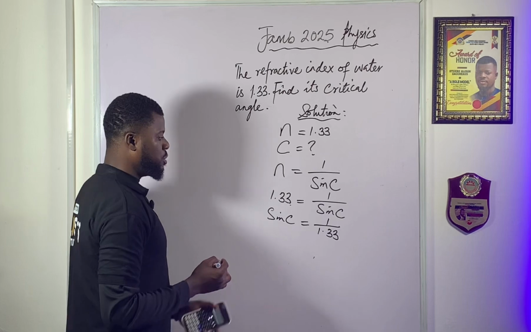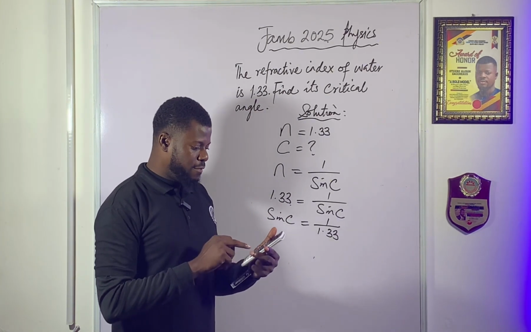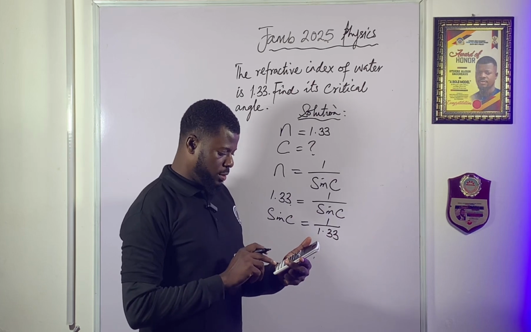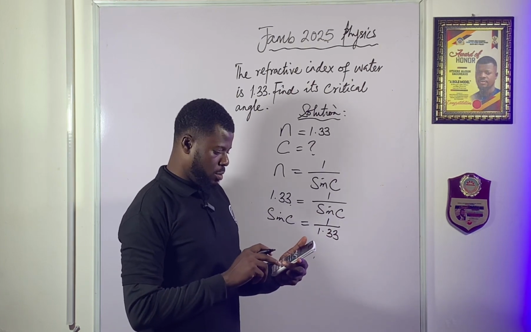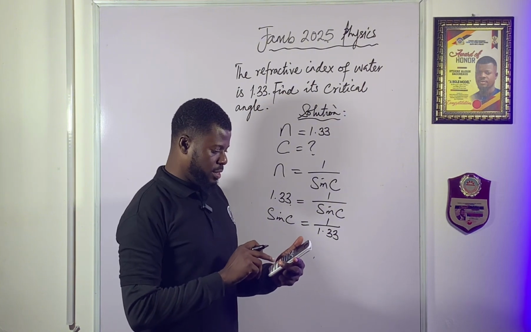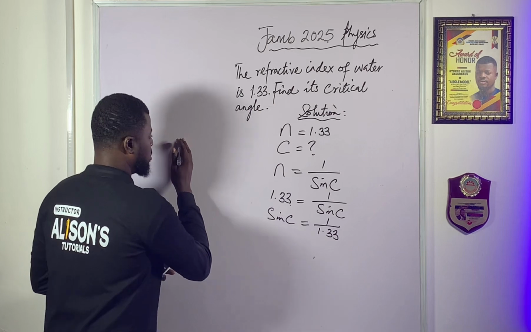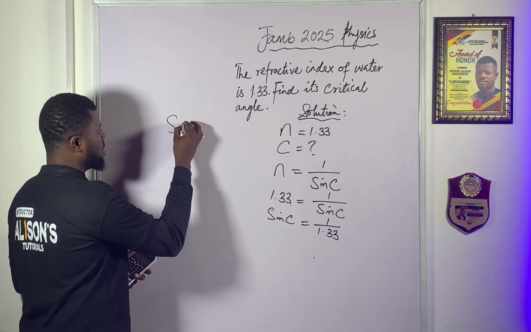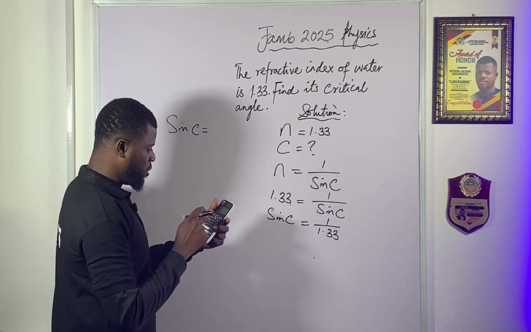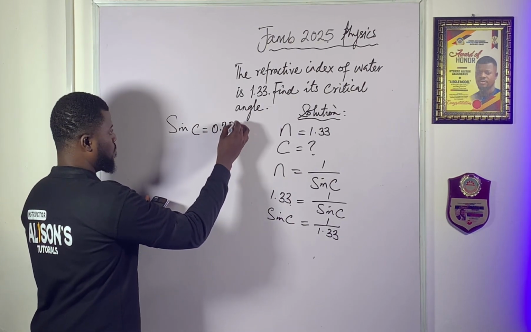So quickly, we're going to use a calculator to punch that value. So when you have 1 divided by 1.33, the result we have here is, sine C equals 0.75187.